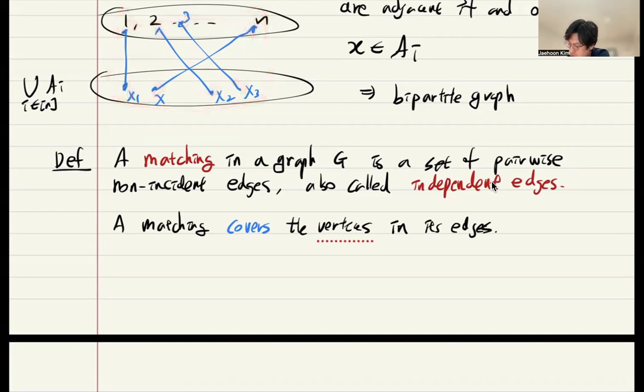We will say that, but if there is some vertex which is not incident with any blue edges, then this is not covered by the matching.